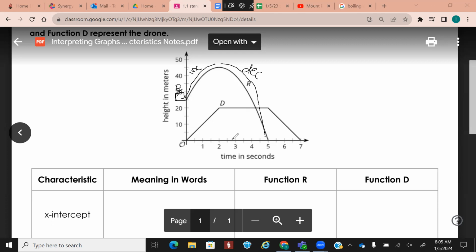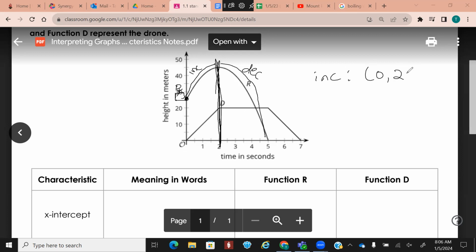Now, what we want to do is look at where and when that happens. So when do we start increasing? At 0. We want to look at when that happened. So that's the time, right? So we're increasing from 0. So when do we stop increasing? When do we start going down?